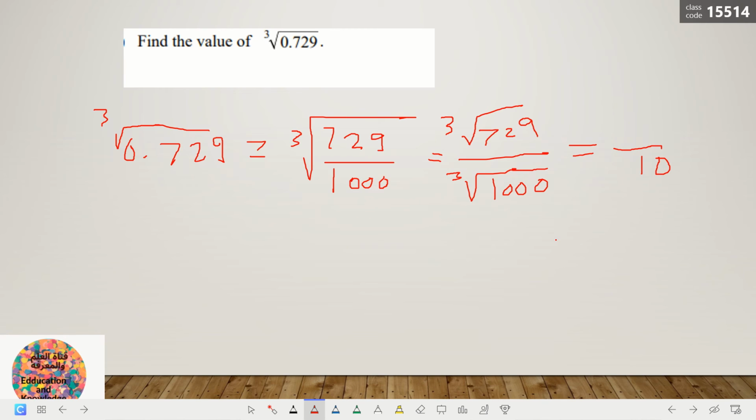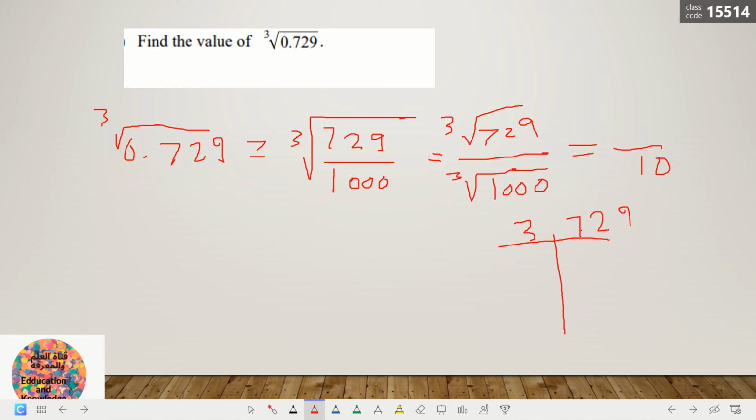Now let us find the cubic root of 729. I can use the ladder method. I put 729 here. I start dividing. I can't divide by 2. I have to divide by 3, because if you add 7 plus 2 is 9, 9 plus 9 is 18, so it can be divided by 3. Okay, how can I divide?